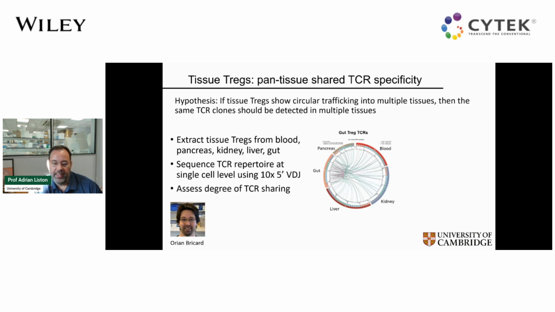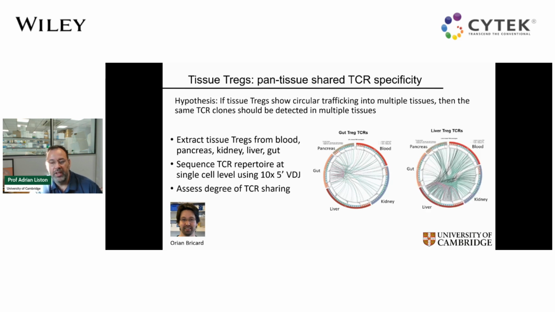Now, what you can see here is that the T cell receptors that we identify from gut regulatory T cells are shared between different mice in the gut, and there is some sharing from the gut to other tissues, but not a whole lot. This is in contrast to the liver regulatory T cells, where you see a lot of sharing between mouse to mouse of regulatory T cell TCRs in the liver, but you also see a lot of sharing with other organs like the kidney and the pancreas.